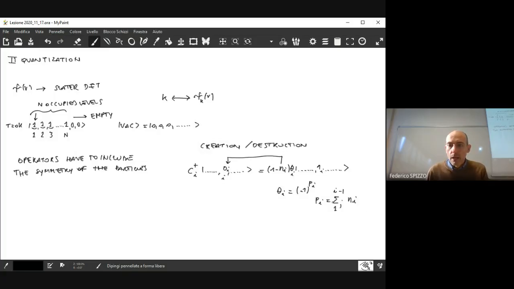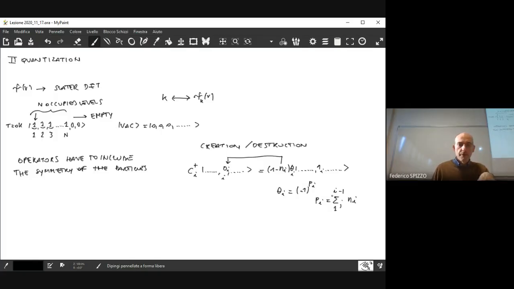So, this power here, minus 1 to pi, will switch from minus 1 to plus 1 depending on the fact that pi is even or odd. And for the moment, please keep just the definition in mind.